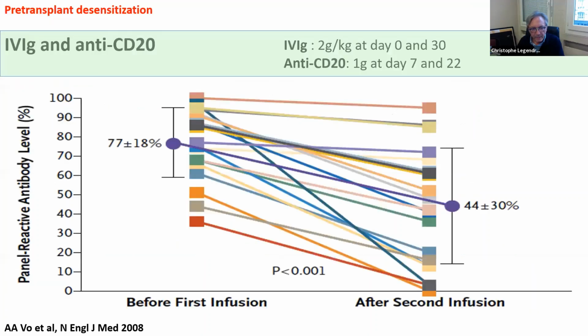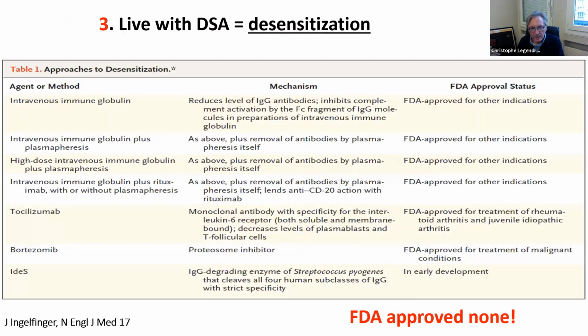Next one. The most currently used desensitization method is this one, coming from the Stanley Jordan unit. He combined IVIG and anti-CD20 before transplantation, and you see that it decreases the CPRA. The other option, next one, is to use plasma exchange with low levels of IVIG at the end of the plasma exchange in order to minimize the rebound.